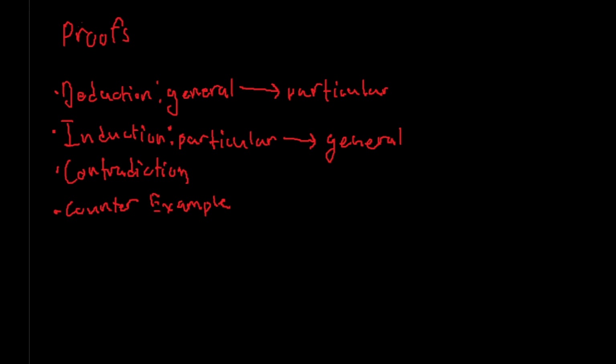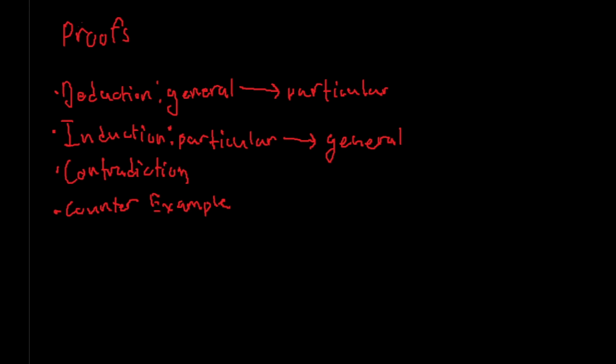Anyways, with deduction, you're given a general statement and you have to prove it for a particular statement. For induction, you have a particular statement and you have to prove it for all general statements. That's why deduction goes from general to particular, and induction goes from particular to general.